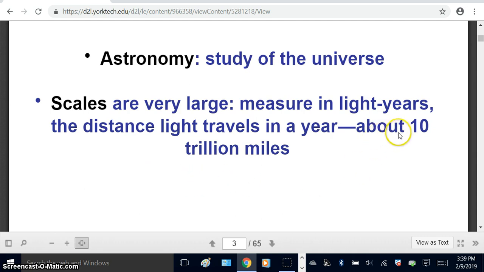But anyhow, when we go further than our solar system, to the next star near the Sun, for example, we have to talk in units called light years. That is, of course, the distance that light travels in 1 year. So if something is 4 light years away, like the nearest star to us, it's a little more than 4 light years away, called Proxima Centauri.